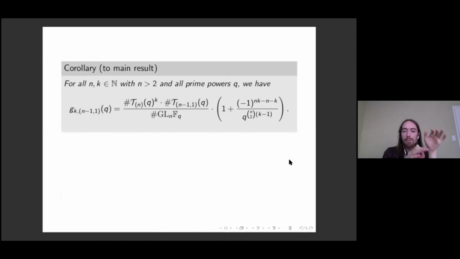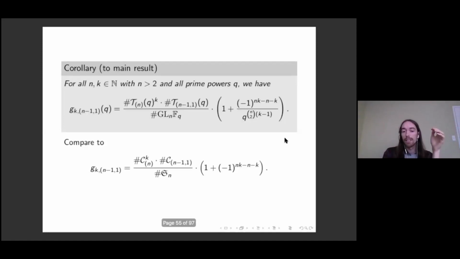Here's a really simple corollary. I just like this because it highlights another subtle distinction between GL_n(F_q) and the symmetric group. If you let mu be the partition n minus 1, 1, it satisfies the hypotheses of the main theorem, and we don't need to specify regular semi-simple anymore because n minus 1 and 1 are different, so you have to have different factors. And that sum collapses, just using the symmetric group's character theory, to having just two terms, and the symmetric group result looks similar.